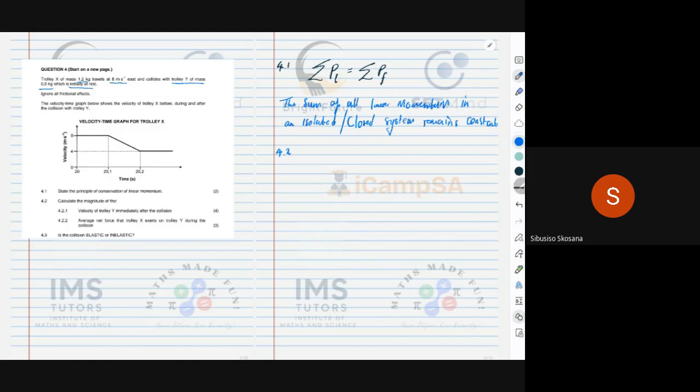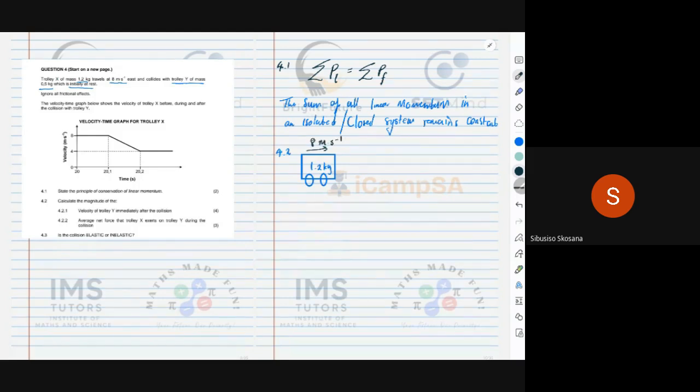This is trolley 1, which is trolley X. This trolley is moving, so since this is going to be 1.2 kg, it's moving to the east. Let's say east is this side at 8 meters per second.